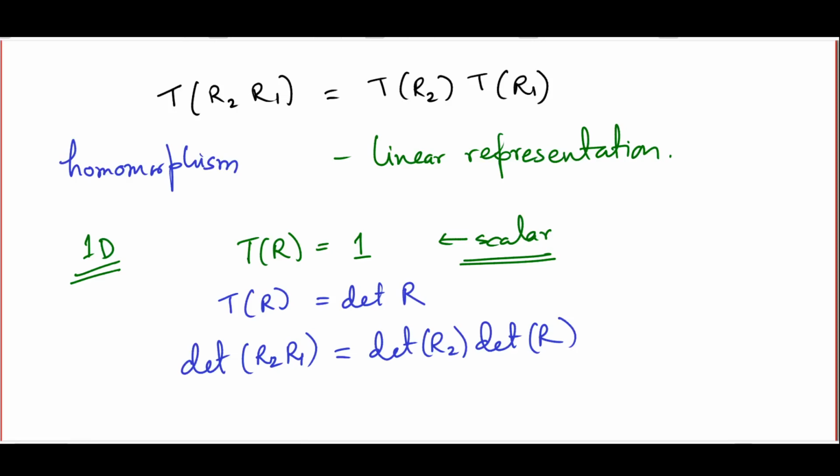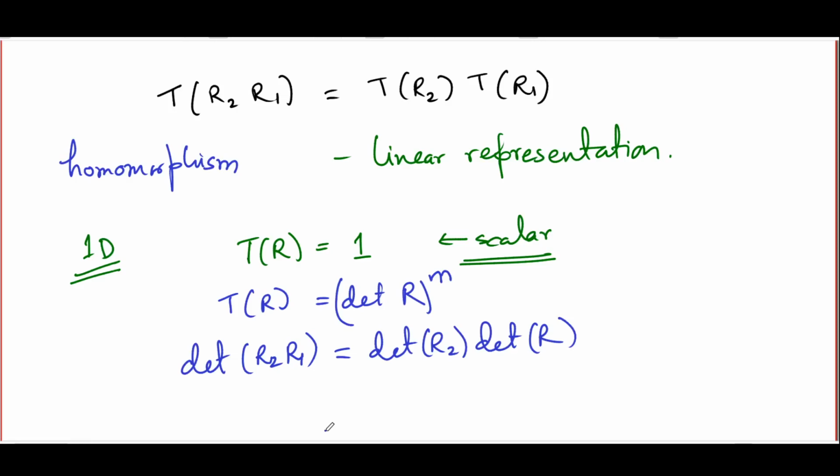So it seems that the statement that we made a while ago, scalars are the only possibility, is not really right. You do have another possibility right here. Well, actually you have infinitely many possibilities, because instead of det R, you could just as well have used det R to the power m, where m is any integer whatsoever, and this would still work.